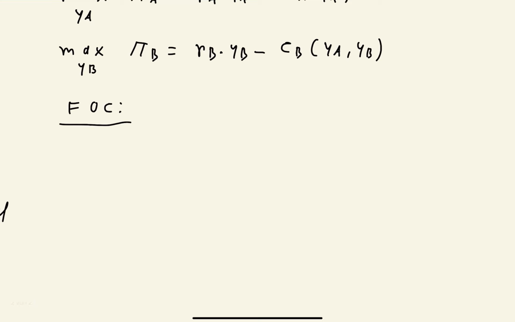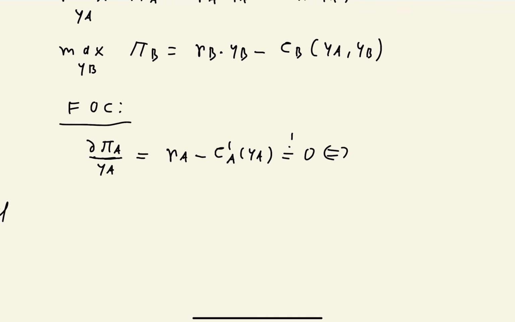So we take the derivatives of the profit functions with respect to the endogenous variables, which is then for firm A, YA. And then we get the following condition: PA, so the marginal revenue of a unit of steel which is produced, minus the marginal costs for producing steel should be equal to 0.